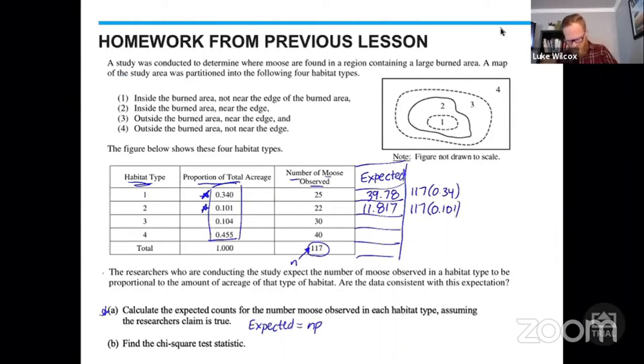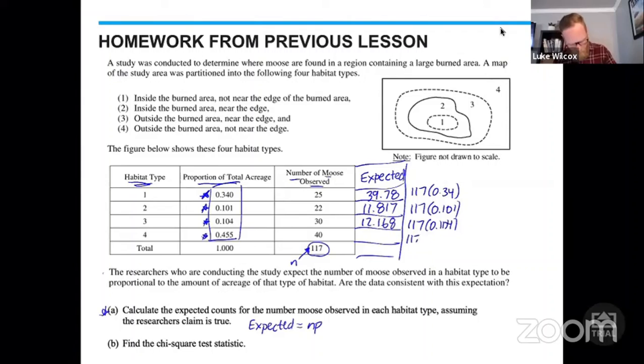And then the next two are going to be very similar in that we're going to take the sample size multiplied by the proportion. This one's going to be 12.168. And then for habitat type 4, 117 times 53.23. Oh, I'm sorry. Hold up. Back up here.